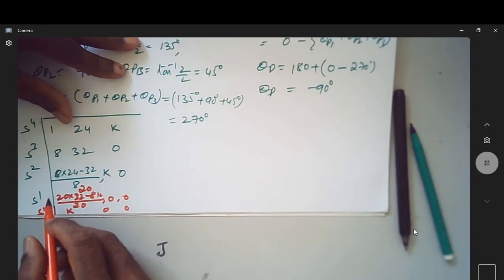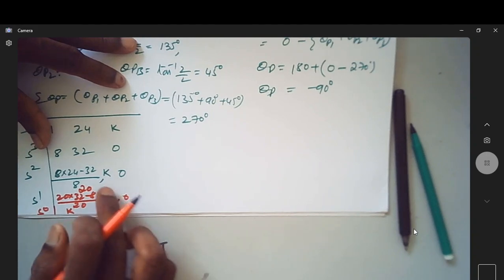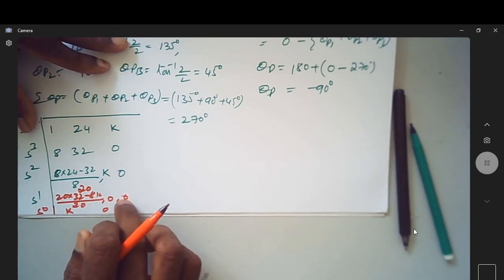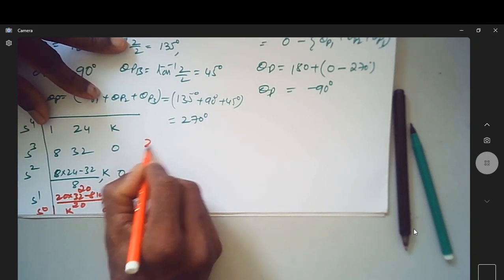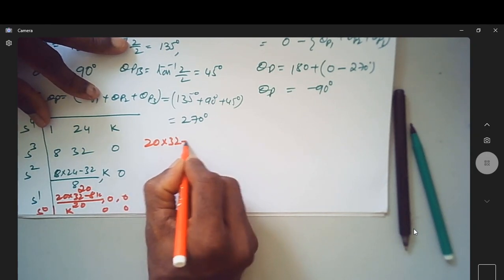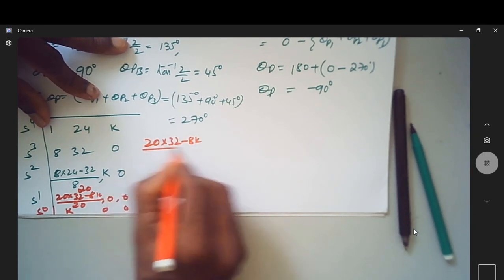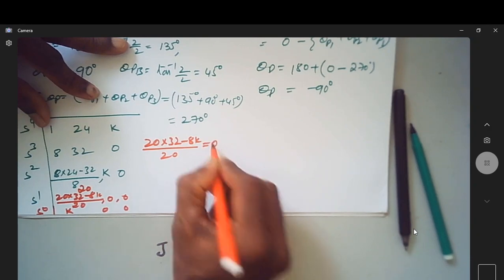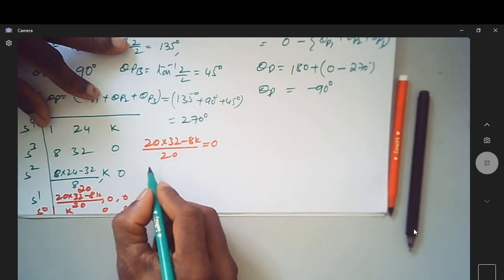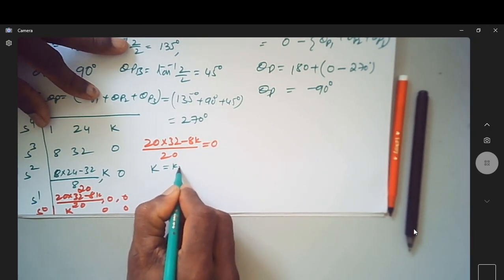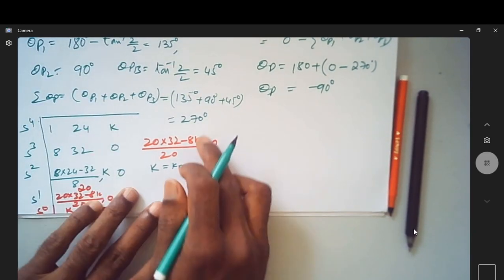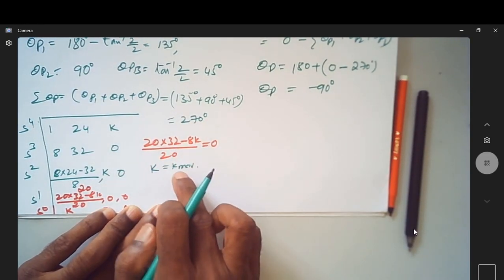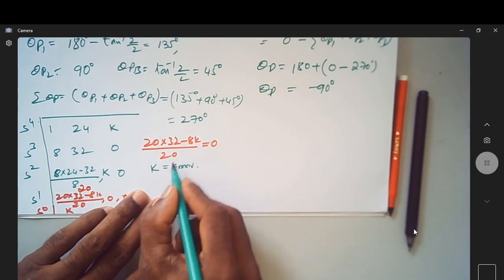Now, because there are already 2 zeros in this row, if this 20 into 32 minus 8k by 20 becomes 0, then the k value is k marginal. So by using this I can find the k marginal. So what is k marginal now?